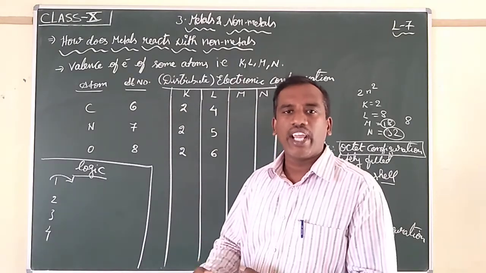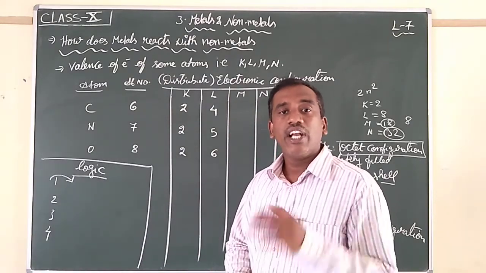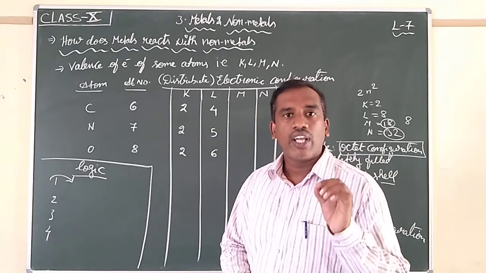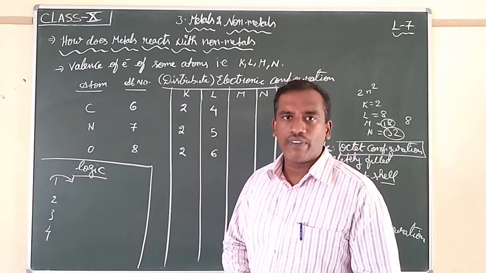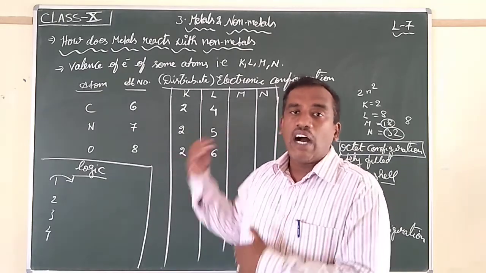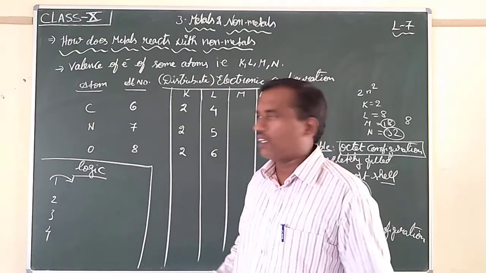Why? To gain stability. Means to gain octet electronic configuration. Why will they lose, and how are they losing? After losing, what will happen, we will discuss now.